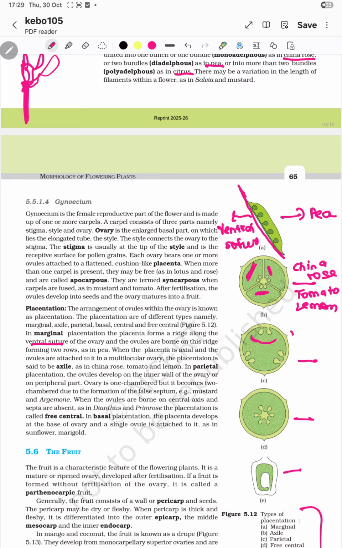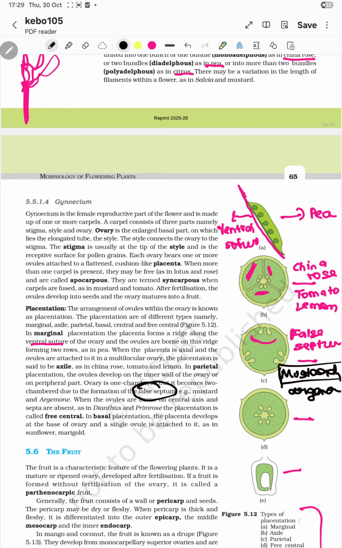There is a pseudoseptum or a false septum over here. Again, they can ask you, where is pseudoseptum or false septum present? It is in parietal placentation. And this is seen in mustard and argemone. Mustard is another very recurring plant coming again and again in many of the examples.